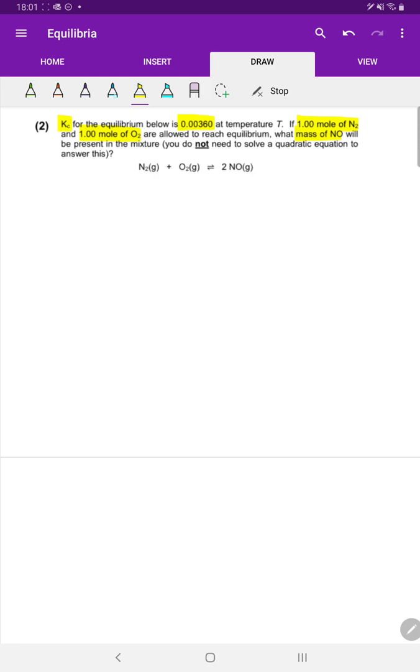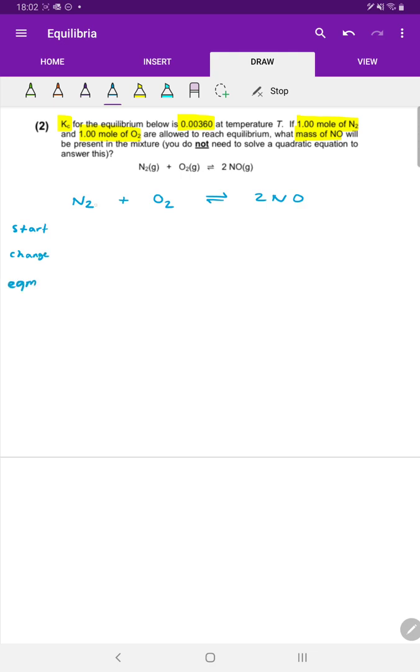Okay, so first things first, let's write out our table like we've done before. Start, equilibrium, oh, change, hold on. Even I can't remember how to do it today. Right, there we go.